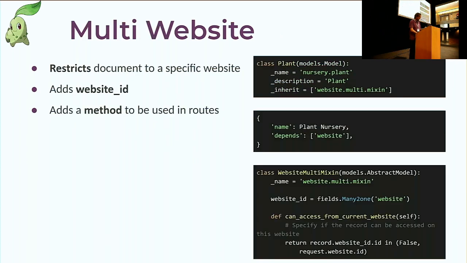Some details, we show you just after. For more advanced use case, you may use multi-website. For example, you have a shop for America and a shop for Europe, and you decide to have 2 websites. The website multi-mixin just adds the website ID field on your record, and it allows you actually to say that this record is available either on a given website, just in USA, or all websites.